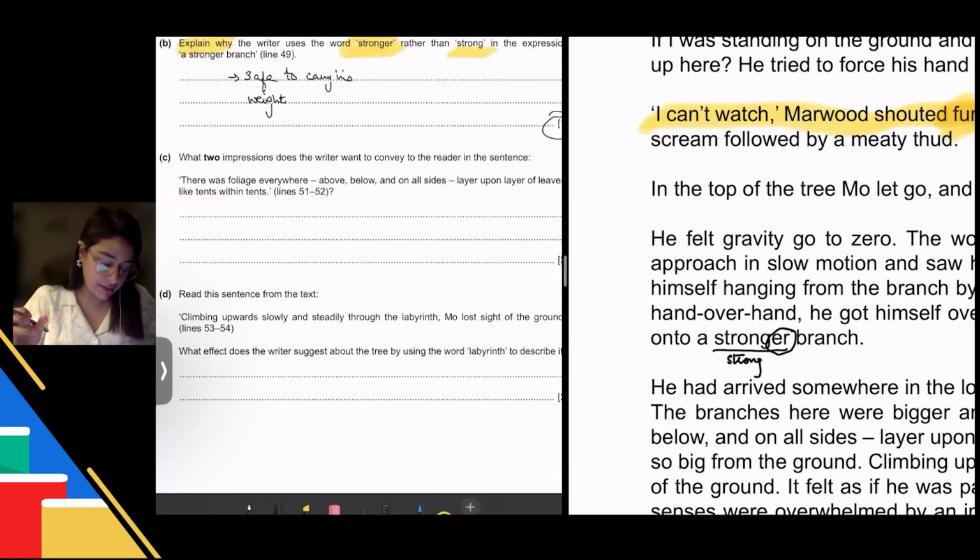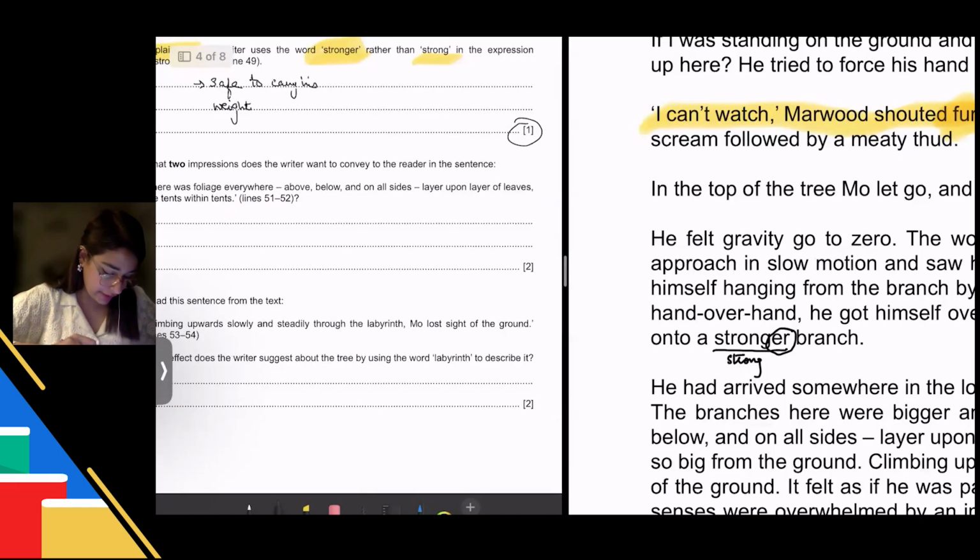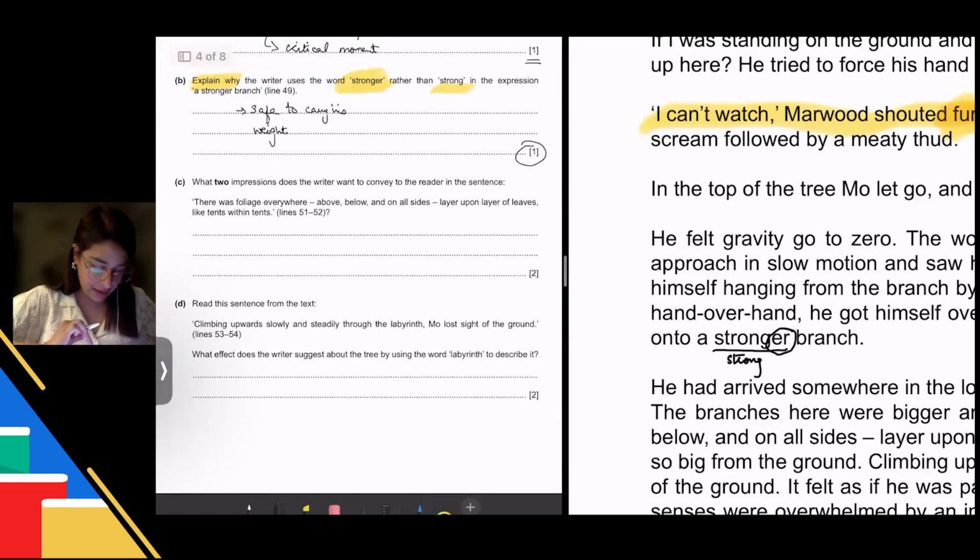What two impressions does the writer want to convey to the reader in the sentence? There was foliage everywhere, above, below, and on all sides, layer upon layer of leaves, like tents within tents. So there are two impressions within the text that he is trying to talk about in this particular statement.